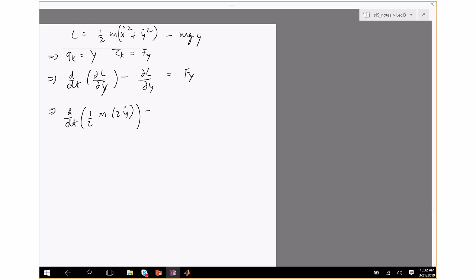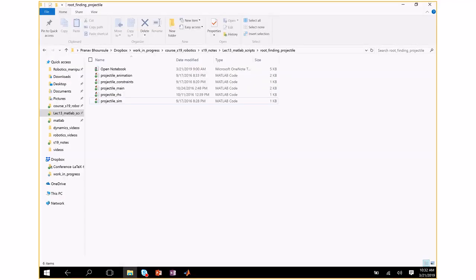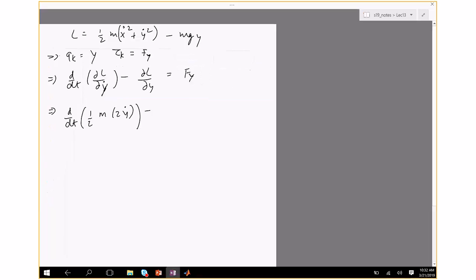So when I take the derivative, I would get minus mg equals Fy, and then to complete this d/dt, this is going to be m y double dot plus mg equals Fy, which by the way was minus c times x dot squared plus y dot squared times y dot.